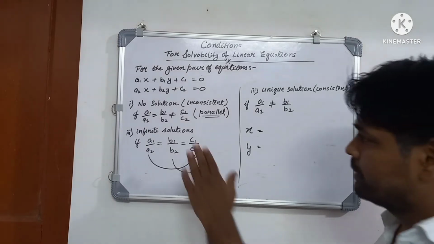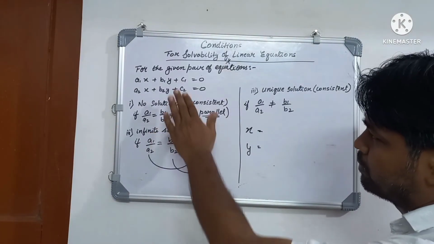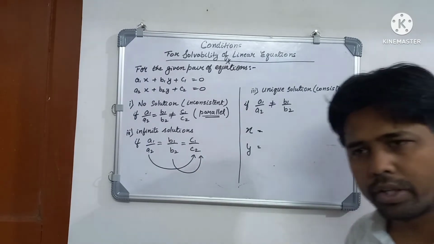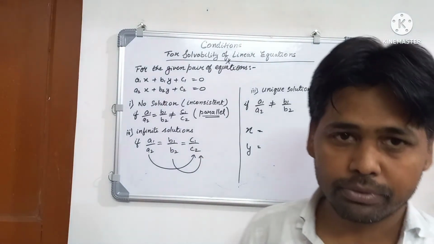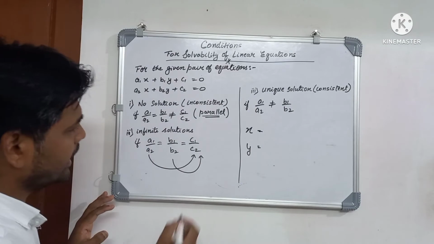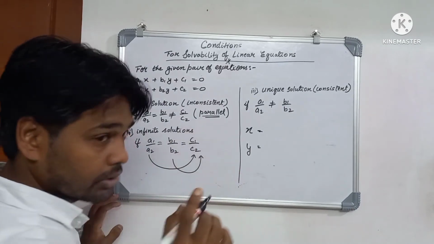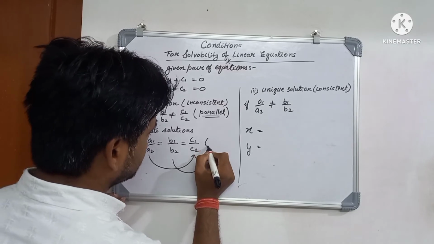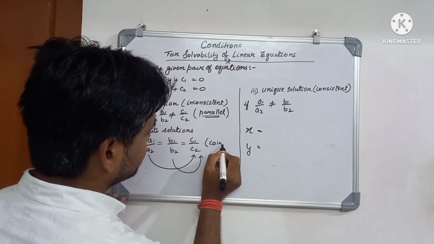And remember, if the pair of equations with infinite solutions is represented on graph paper, by the graphical method, the graphs will lie on each other, that means they will coincide.